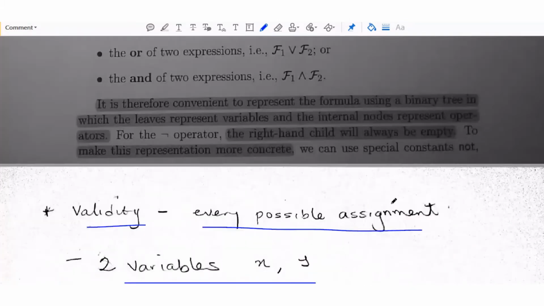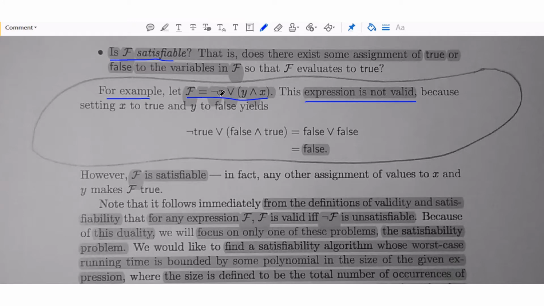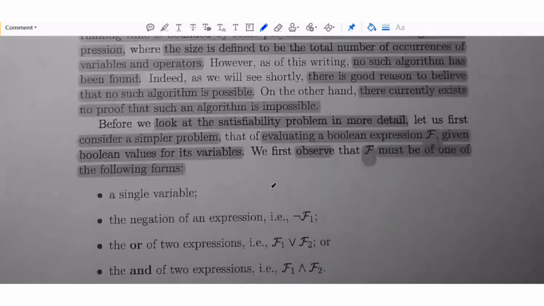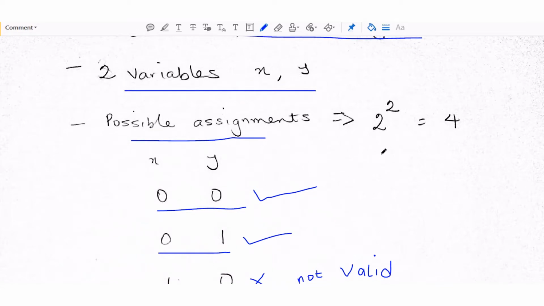Now, if you look closely, in this expression we have two variables, and that is why we have four combinations, four different possible assignments. So if we have three variables, as you can guess, we're going to have 8 possible assignments.